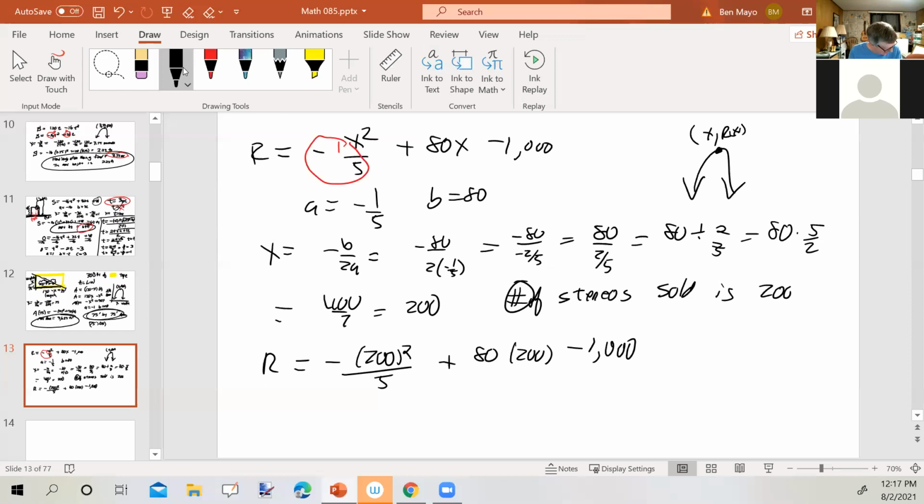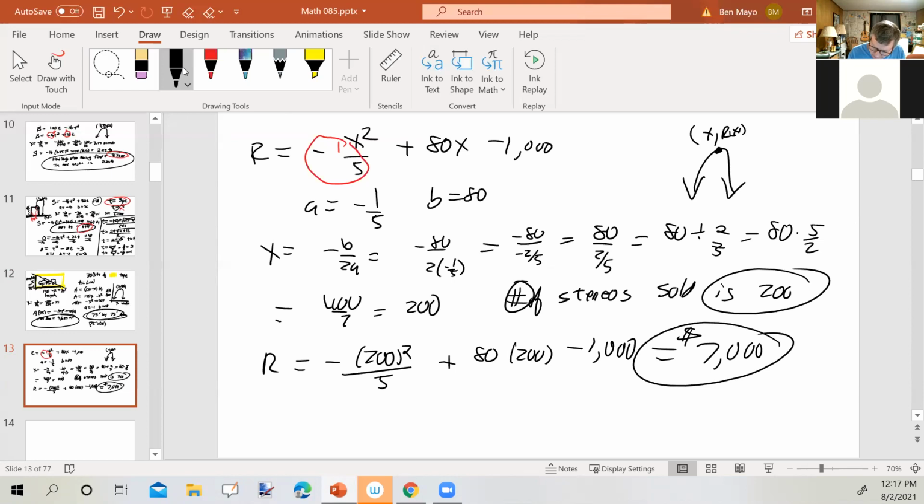And we come up with 7,000. And that is dollars. So number of stereos sold 200, maximum revenue 7,000. So the vertex would be 200 stereos, comma, $7,000.